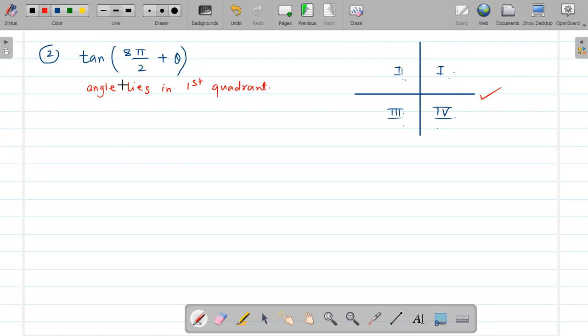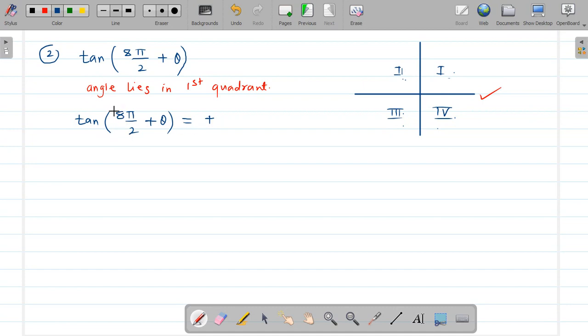This is our observation. Now in the first quadrant we know that the tan ratio is positive. So whatever will be the result, it will be positive here. So the right hand side will be positive, plus.